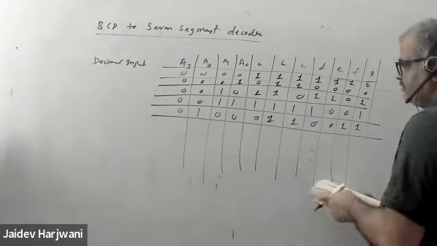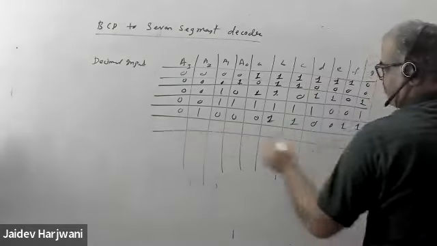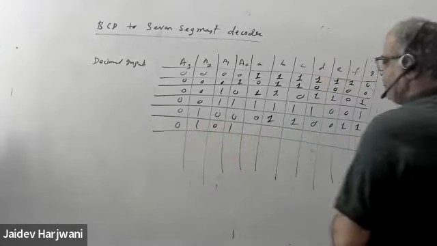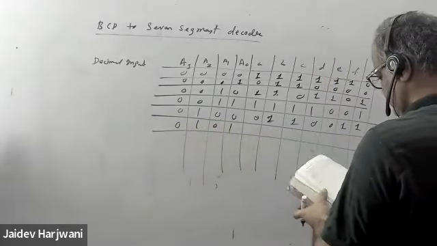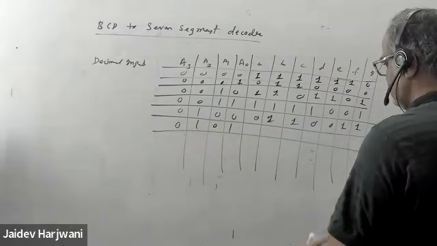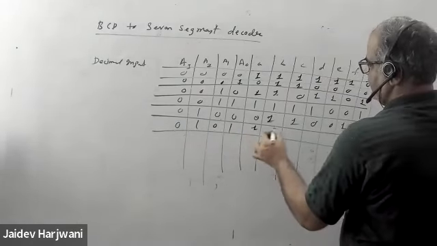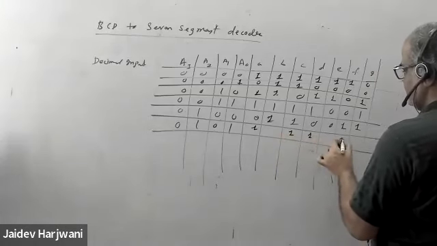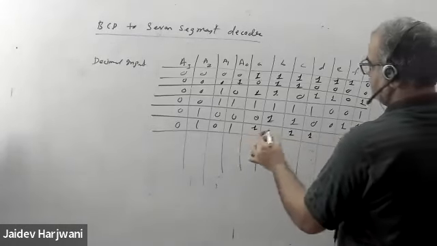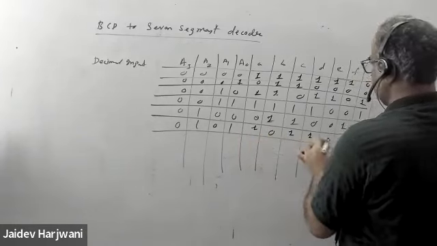Similarly, you tell me for 5, 0, 1, 0, 1. What should we write for 5? A, C, D, F, G. Okay, so the remaining terms are 0.